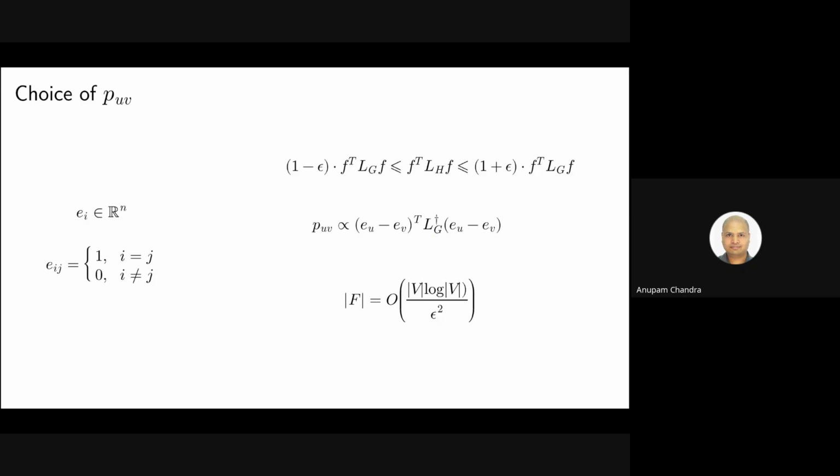If your edge is very important, the distance or the value becomes higher, and if the edge is not so important because there are many paths between the vertices of the two ends, the value goes down and thus the probability goes down.